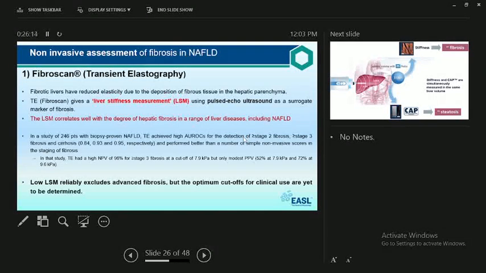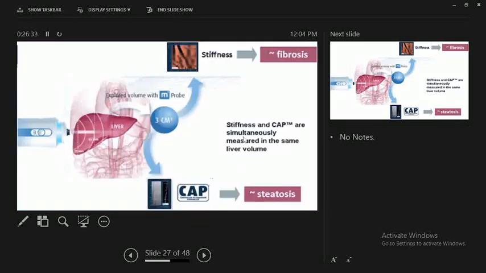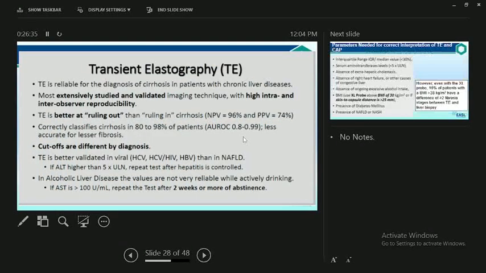But we have to use this phenomenon with very good clinical sense, because the liver could be stiffened by other causes as well, not only fibrosis. That's why you all clinicians are here, for you to interpret the report rather than treat the report.